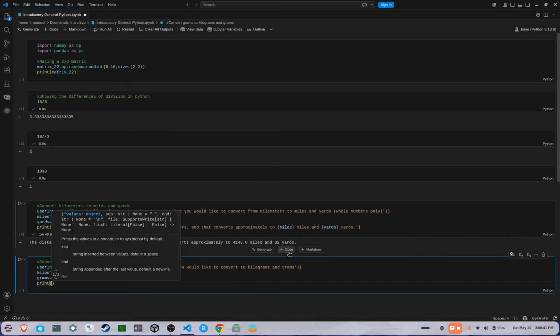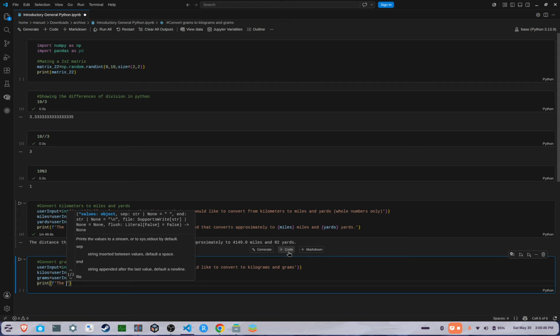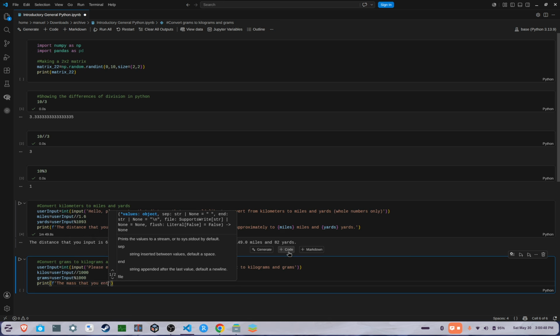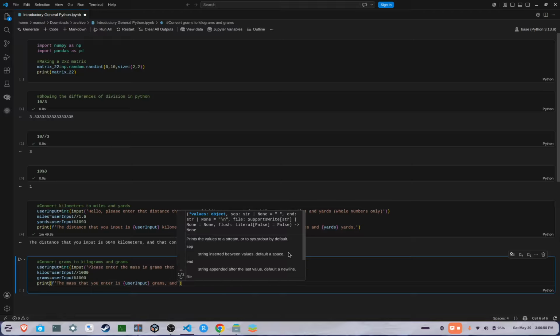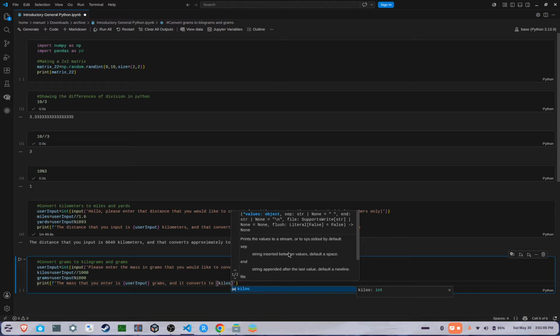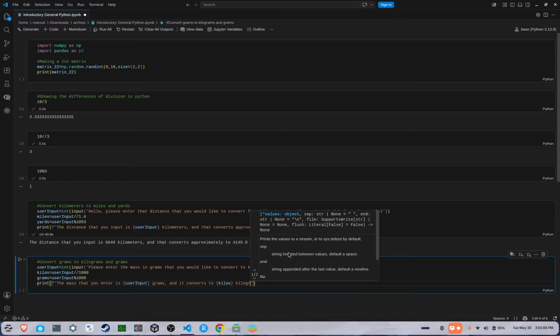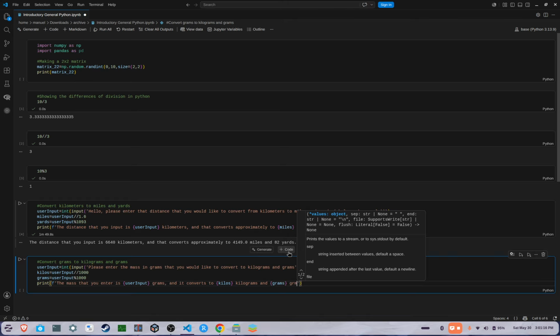So print f, the mass that you entered is, and it returns exactly what they input, grams, and it converts to kilograms and grams.